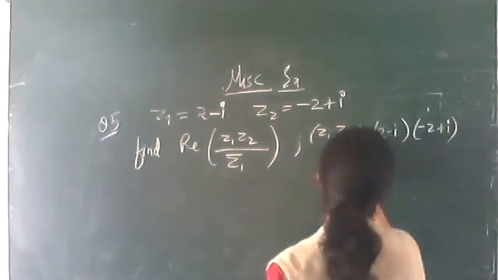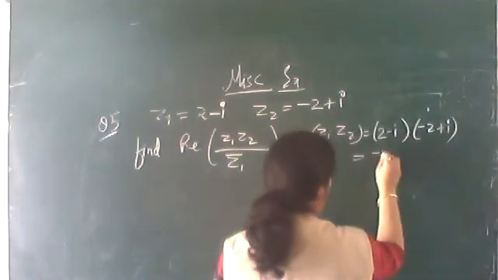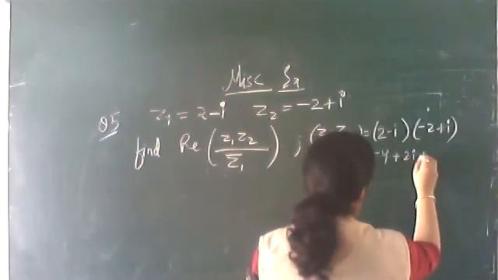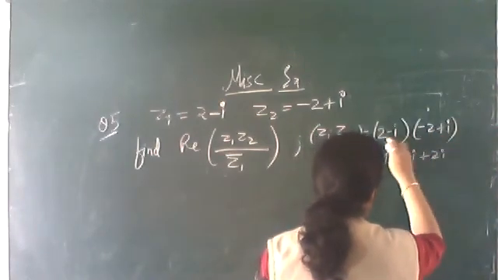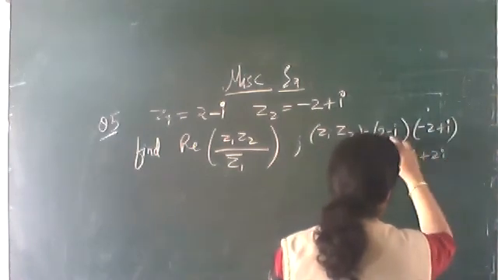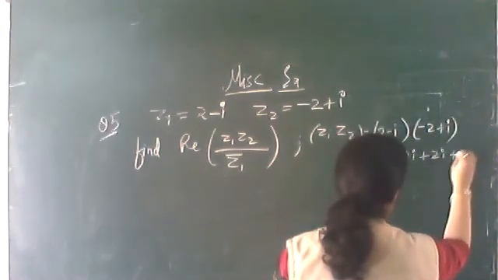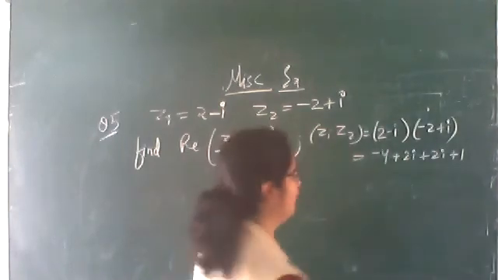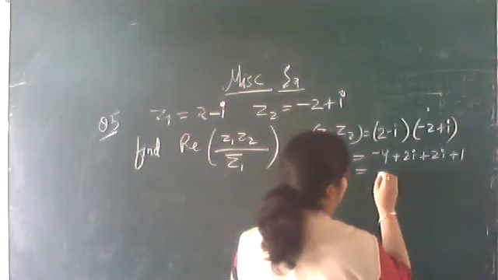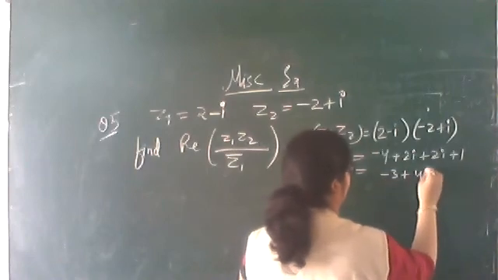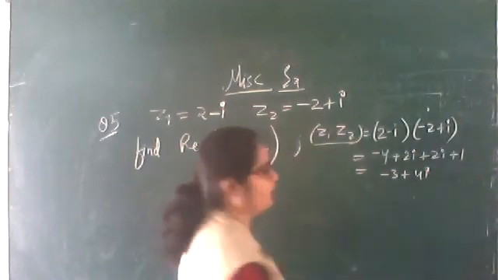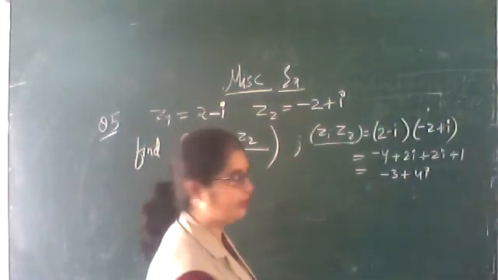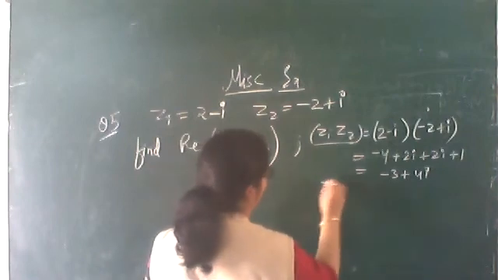Just multiply it. 2 into minus 2 is minus 4, minus into minus plus 2 iota, plus 2 iota, minus iota square is plus 1, so minus 1. So this will be equal to minus 4 plus 1, minus 3 plus 4 iota. This is your value of Z1 into Z2. Clear? So you got the first value Z1 into Z2.